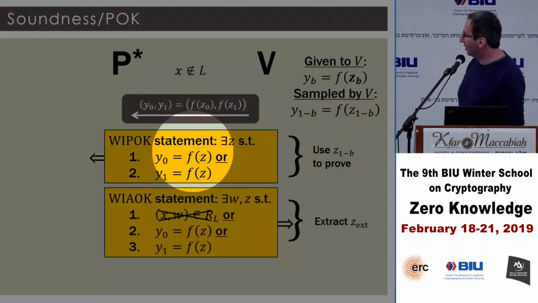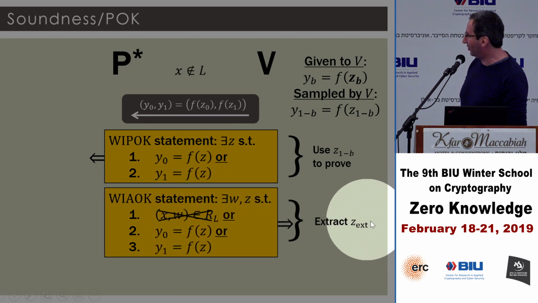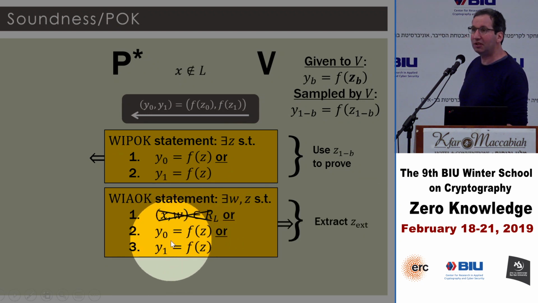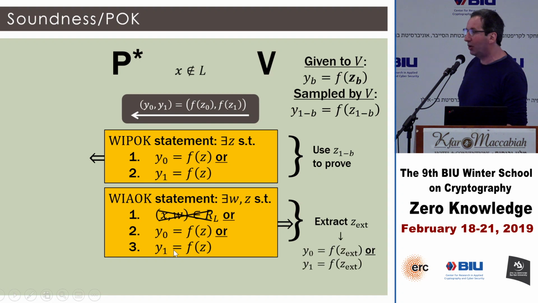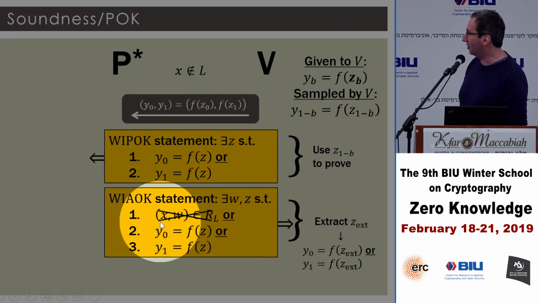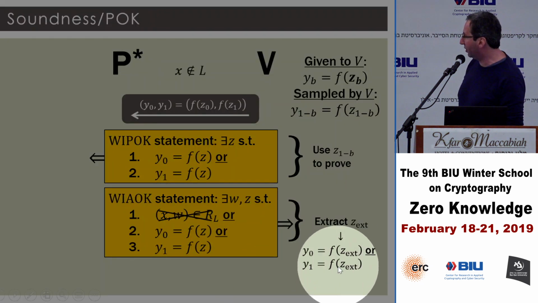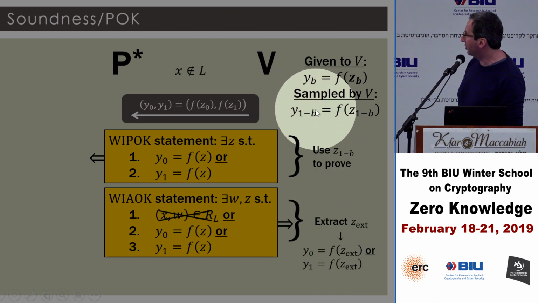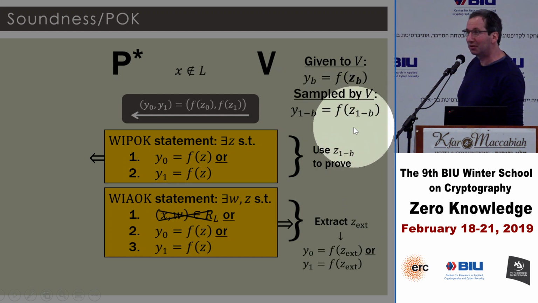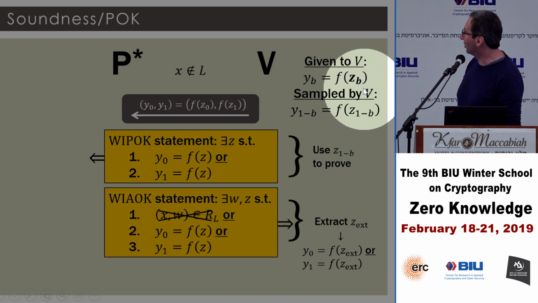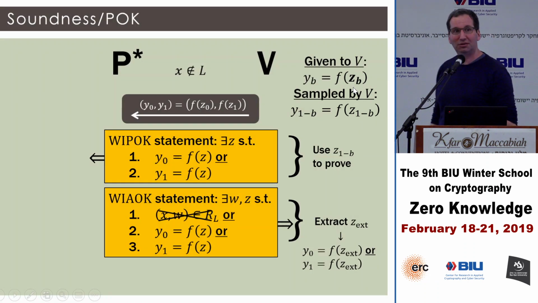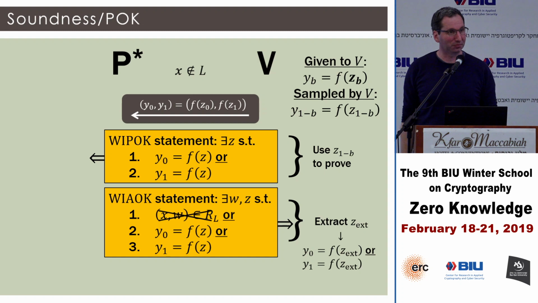And we now verify this proof and extract a witness for this statement. What is a witness for this statement? A witness for this statement is a preimage of either Y0 or of Y1. Why? Because it cannot be a witness for this because it doesn't exist. So we extracted some preimage of the one-way function, and the question is whether we extracted our own preimage, which gave us nothing, or we extracted the one that we didn't know, one of the two.